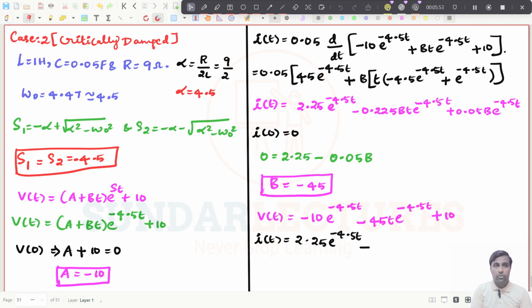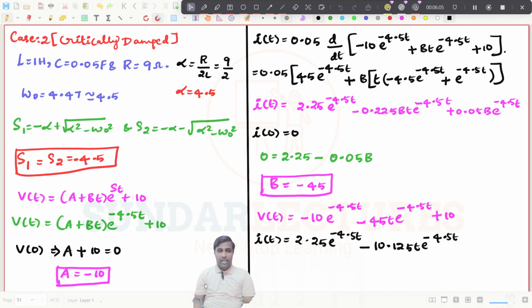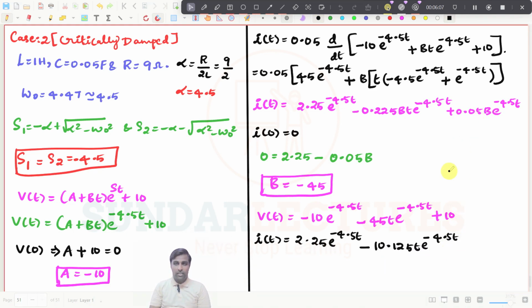So this value will be 10.125 t e power minus 4.5t, and the other term has to be minus 2.25 e power minus 4.5t.